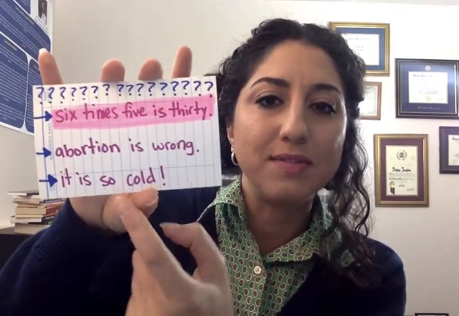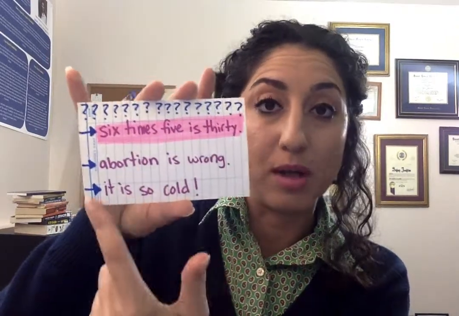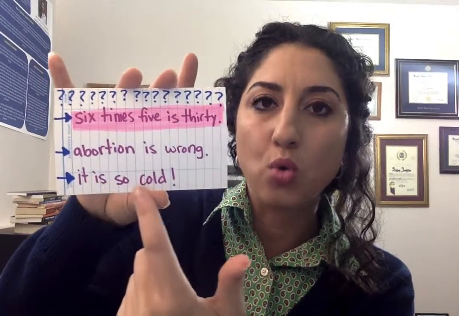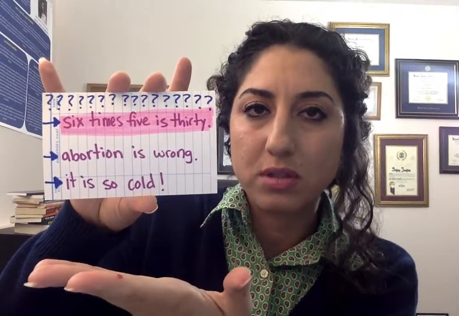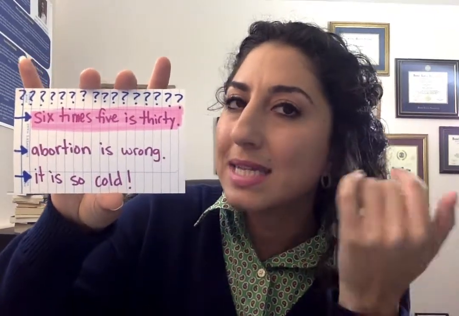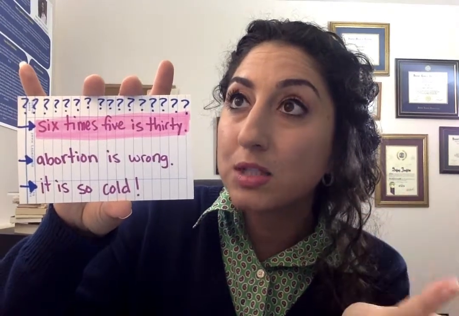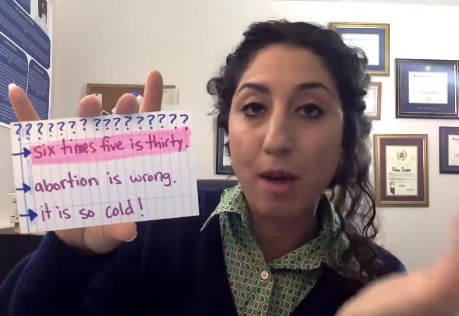If you're a relativist in general, not just a moral relativist, you take statements like "it's so cold" and think that's not true and not false. You think if you feel cold, then it is cold for you, and if you feel warm, then it is warm for you, but that the statement "it is cold" cannot be true or false.